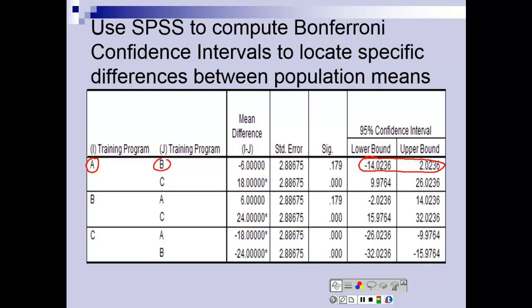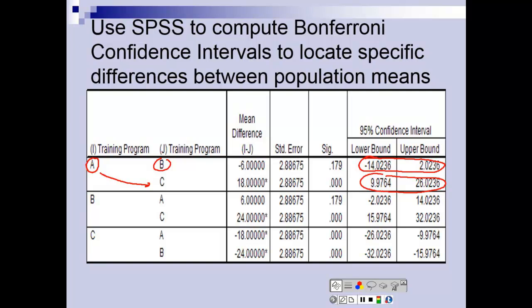That confidence interval includes 0. Mu A could equal mu B. Then I'm going to look at A to C, and I look at the confidence interval. It's about 10 to 26. Doesn't include 0. There's a difference.